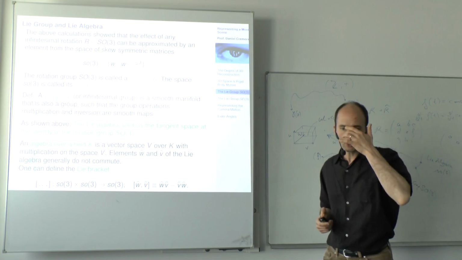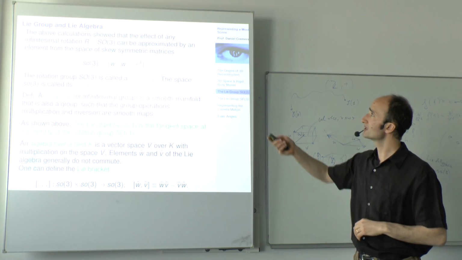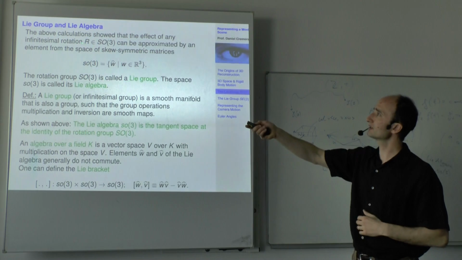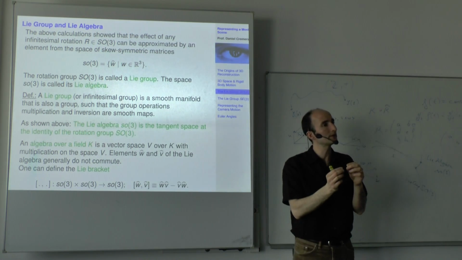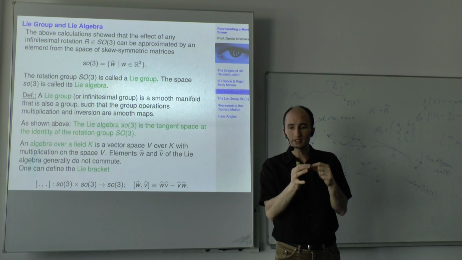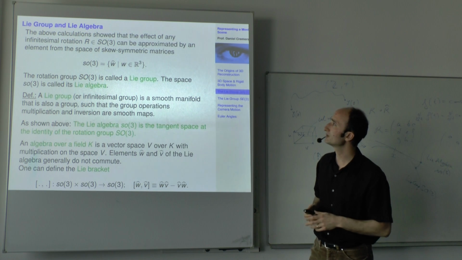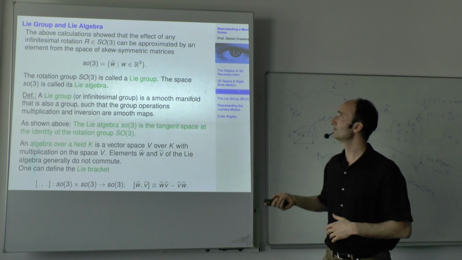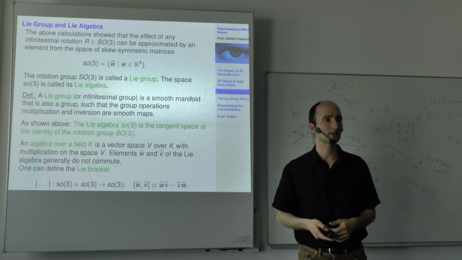So here a little more about the definitions. What we saw in the above calculus is that for an infinitesimal rotation, I have a family of rotations, at time 0 they're the identity. I move just ever so slightly away from 0. This is an infinitesimal rotation, and these infinitesimal rotations can be represented by skew-symmetric matrices.